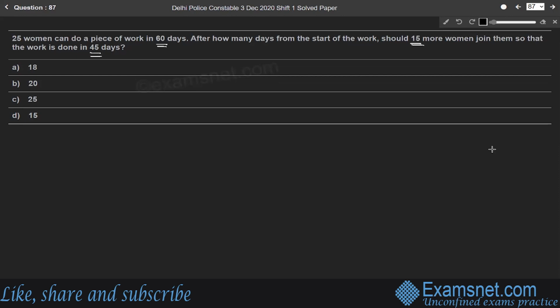So here, the total work to be done, if 25 women work for 60 days, is 1500 units. To do this amount of work, 25 women will work for a few days. After that, 15 women will join.